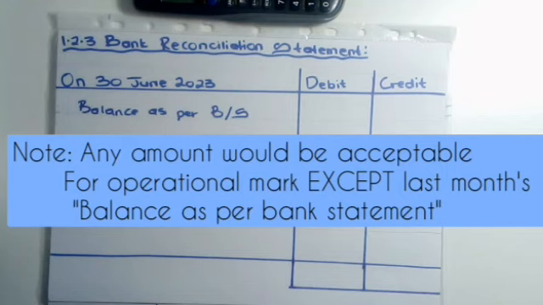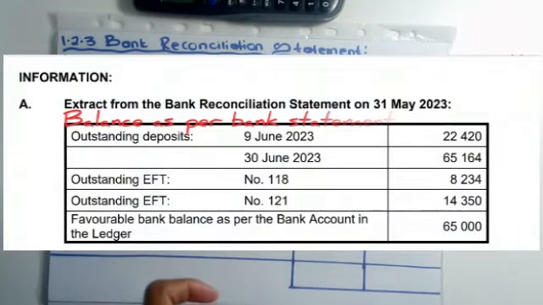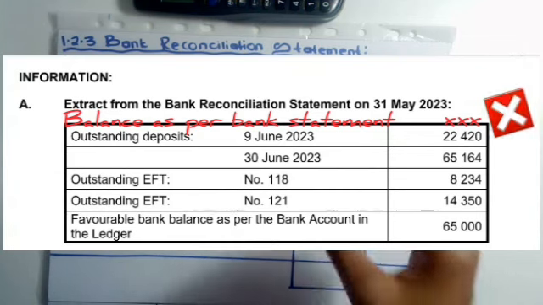So when you look at information A, before outstanding deposits, they would have given you the balance as per bank statement from last month. In some questions you will see that line item. That amount is only there to trick you. You should never ever put that amount in here.